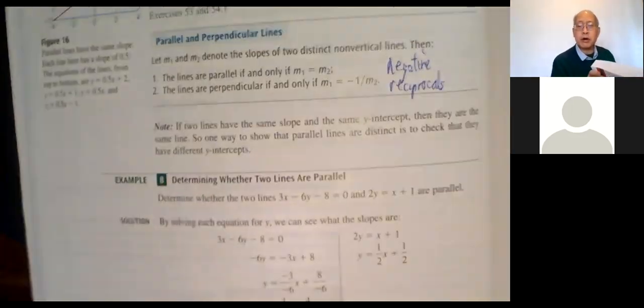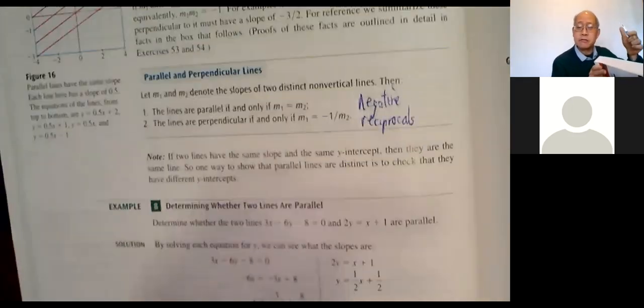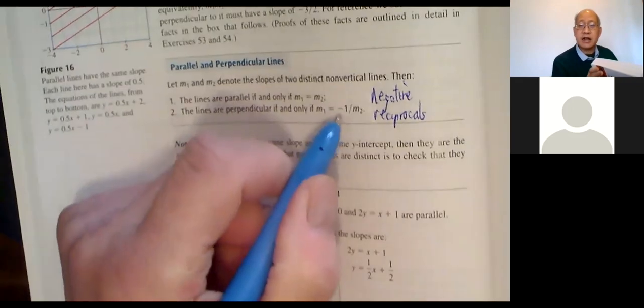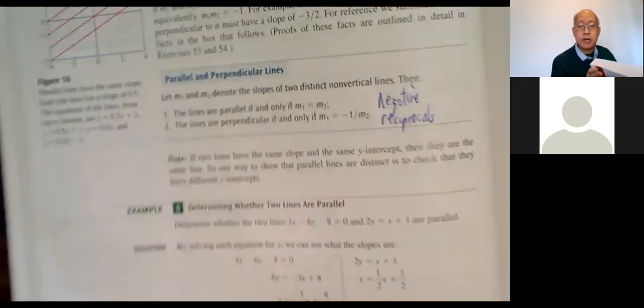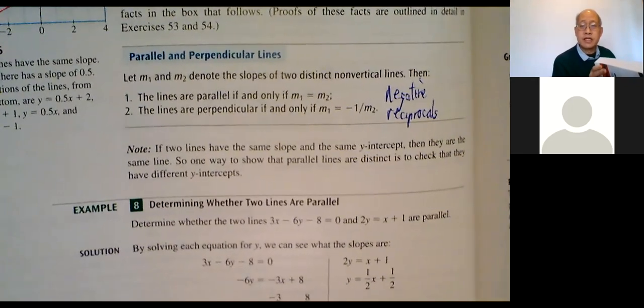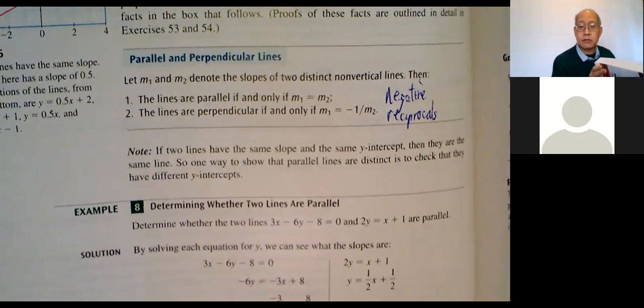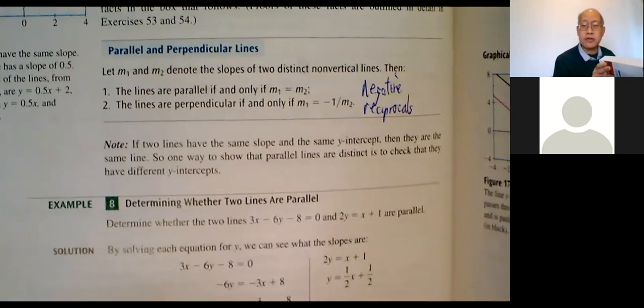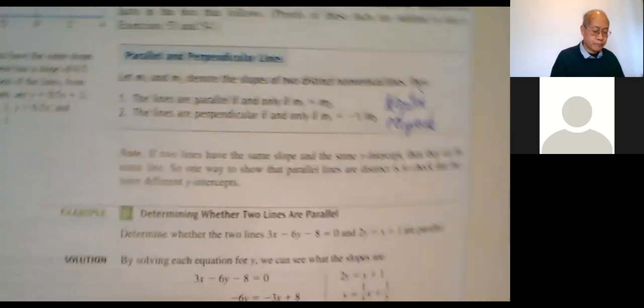Now you've heard of reciprocal, right? Just flip the fraction. Negative reciprocal means flip it and change the sign. So two lines are perpendicular if m1 is -1 divided by m2. They're what's called negative reciprocals of each other. We'll be doing some of each of these kinds of problems right now.